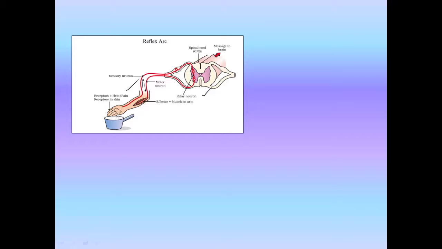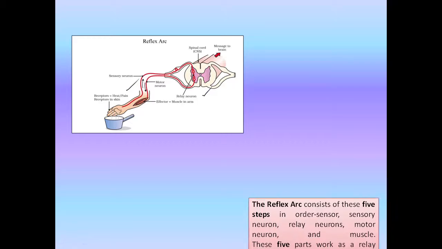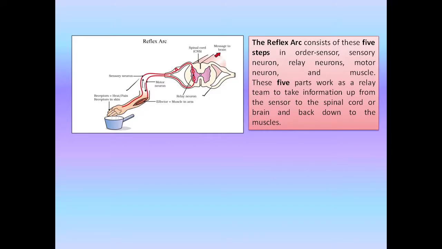When we feel any danger, we move or do an action which helps protect us from that danger. So the reflex arc consists of these five parts in order: receptor, sensory neuron, relay neuron, motor neuron, and muscle. These five parts work as a relay team to take information up from the sensor to the spinal cord or brain and back down to the muscles.